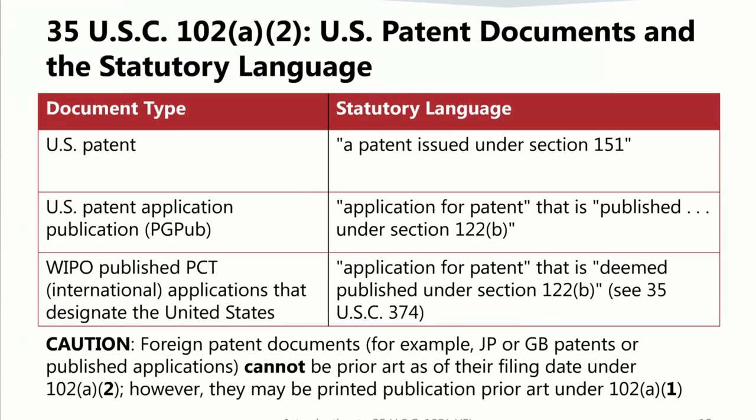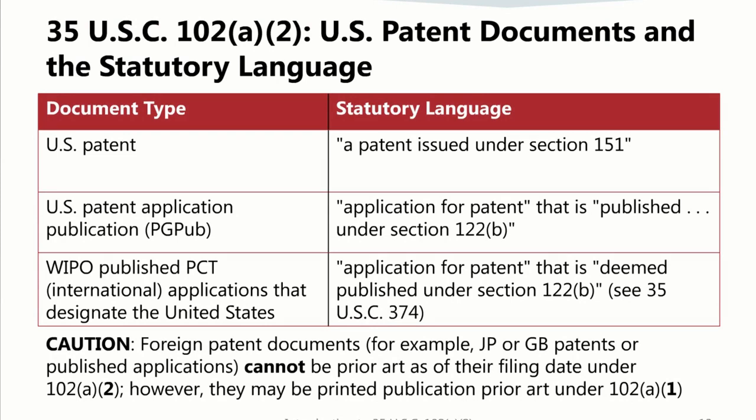It is important to distinguish between foreign and international documents. The term foreign refers to documents from a national or regional intellectual property office, such as Japan, JP, United Kingdom, GB, or European Patent Office, EPO. The term international is often used interchangeably with WIPO or PCT when referring to documents, and refers to applications filed under the Patent Cooperation Treaty, PCT, and published by the World Intellectual Property Organization, WIPO.